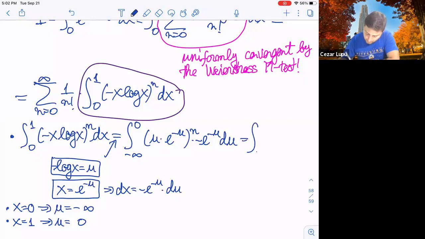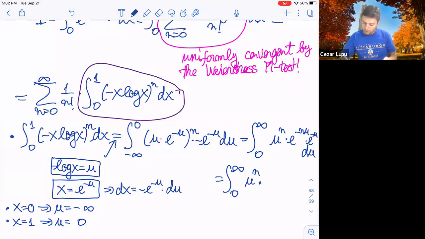So this would be the integral from 0 to infinity of u to the n, e to the negative n u times e to the negative u du. So this would give us the integral from 0 to infinity of u to the power n times e to the negative n plus 1 u du.